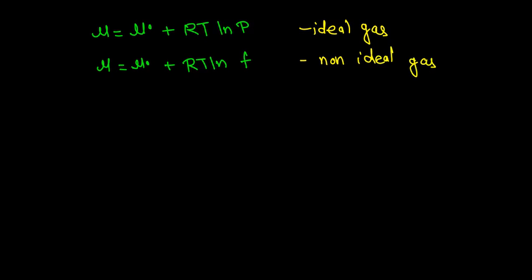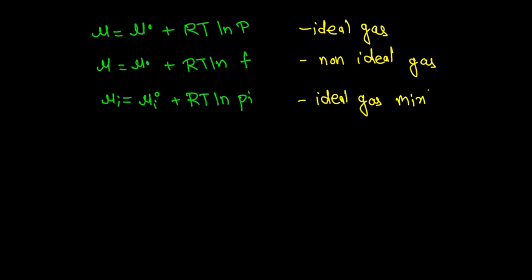So moving further, we had mu i equals mu i naught plus RT ln Pi, and this was for an ideal gas mixture.